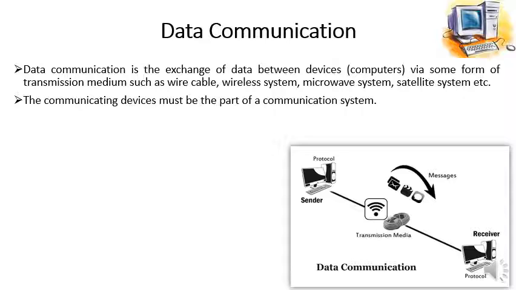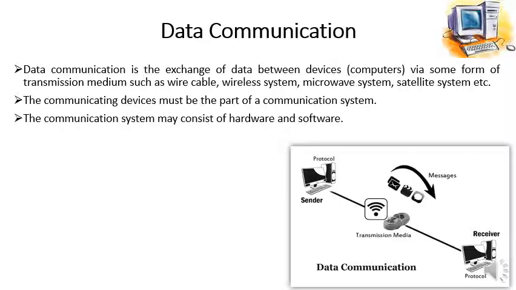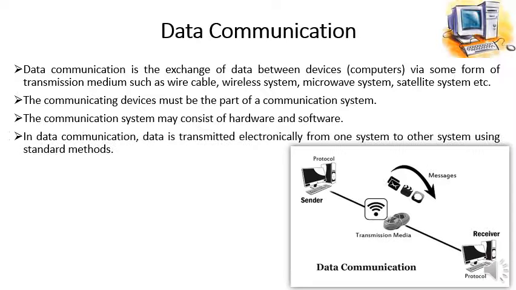The following devices must be the part of a communication system. The communication system may consist of hardware and software. Both things are essential for a proper communication system, whether it is hardware or software.